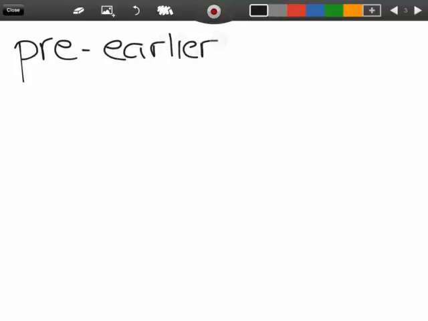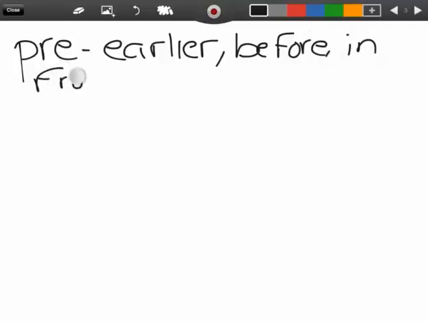Moving on, our next root is pre. Pre is a very common root, meaning earlier, before, or in front of.